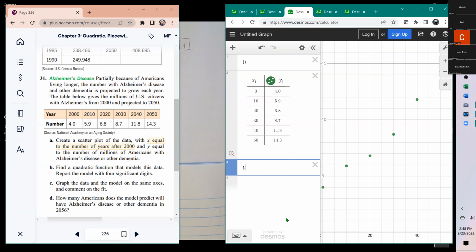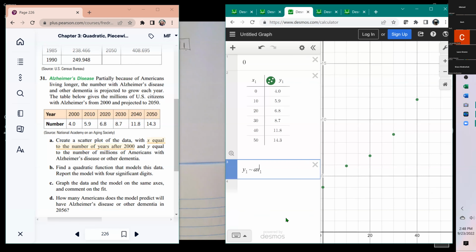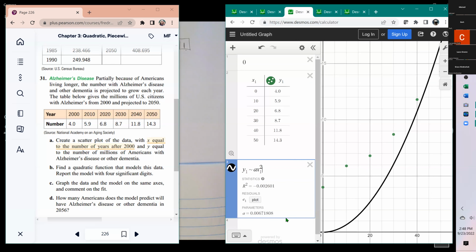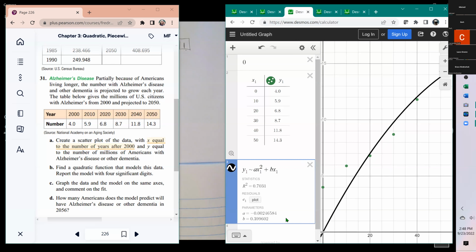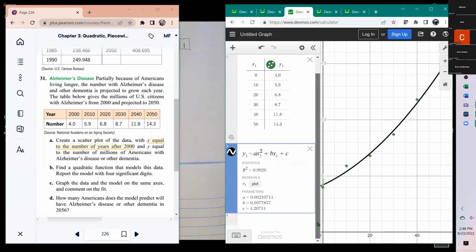So it's y1 and then the little squiggly line, ax1 squared plus bx1 plus c. Any questions on that part?